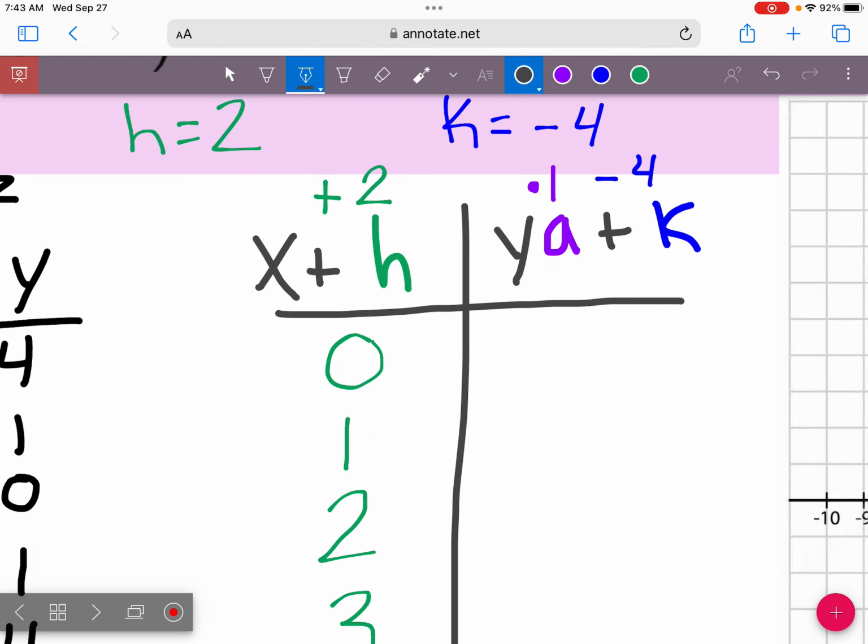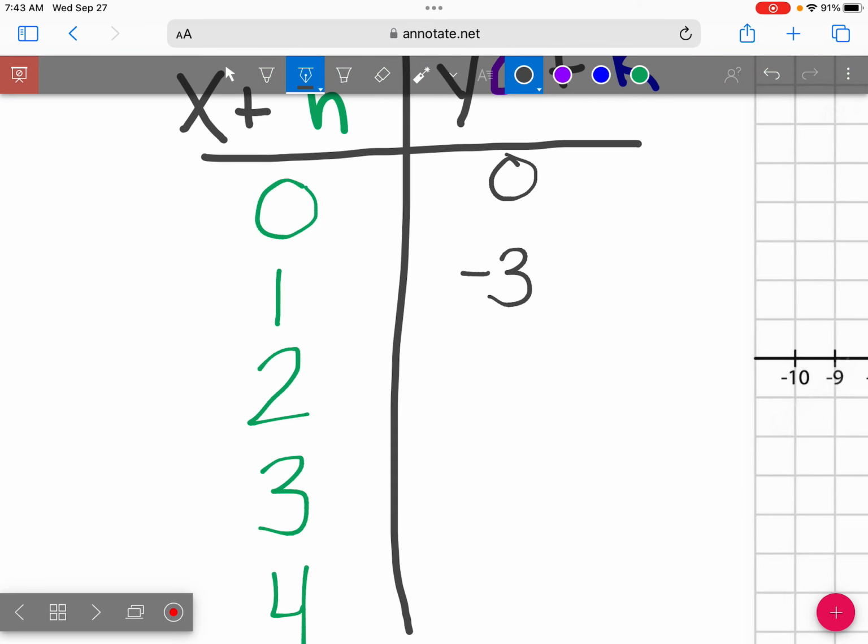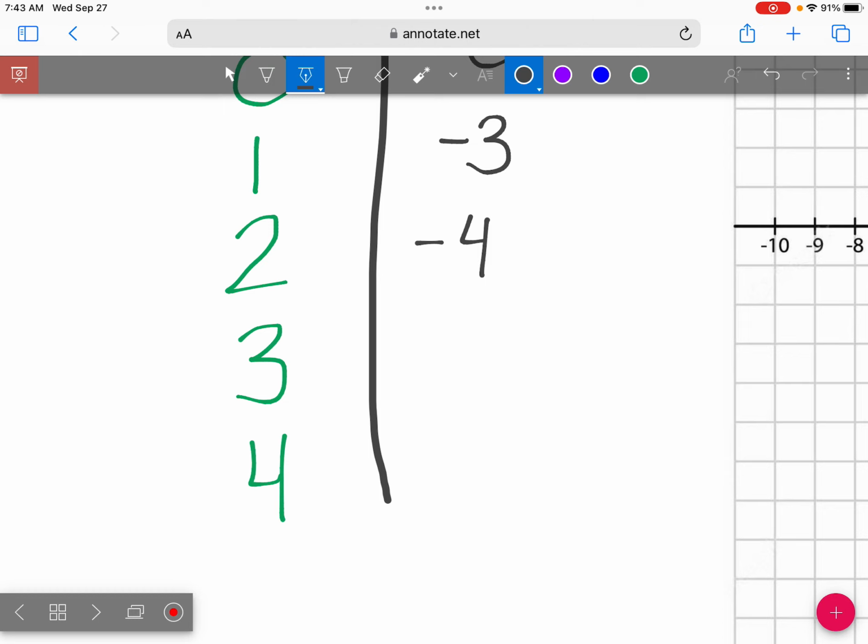So we're going to have our 4 times 1 minus 4 gives me 0. 1 times 1 minus 4 is minus 3. 0 times 1 is 0, minus 4 is -4. 1 times 1 is 1, minus 4 is -3. And 4 times 1 is 4, minus 4 is 0. And this is the graph we're going to draw.